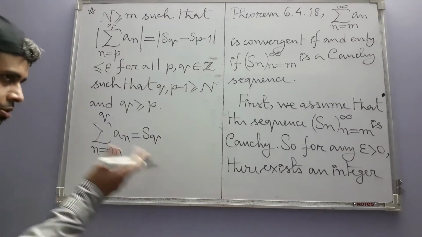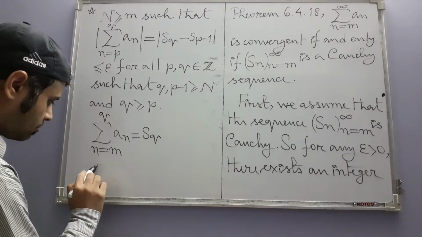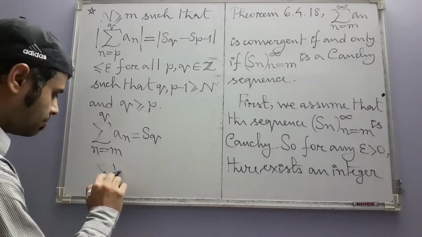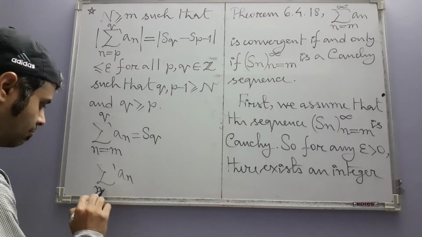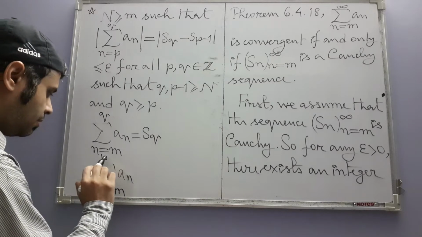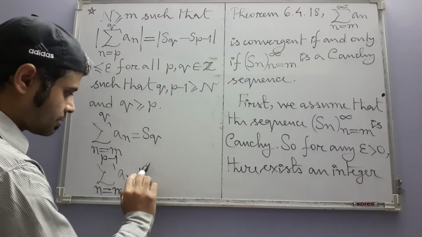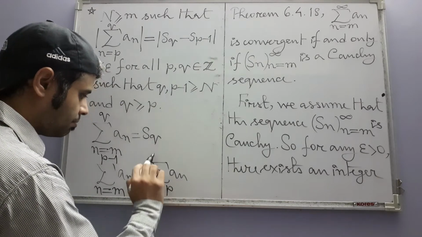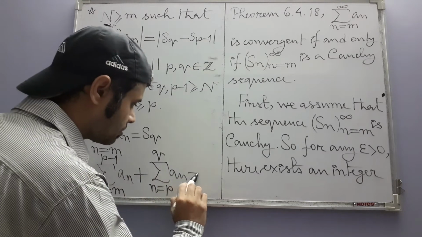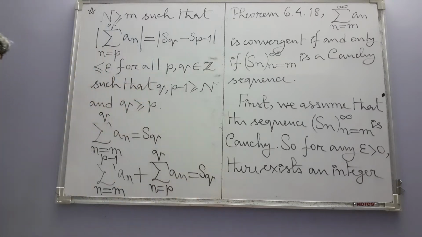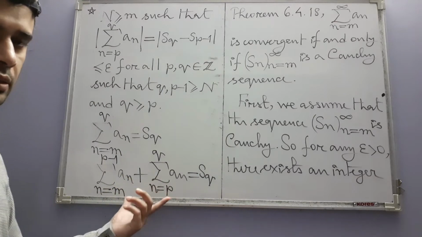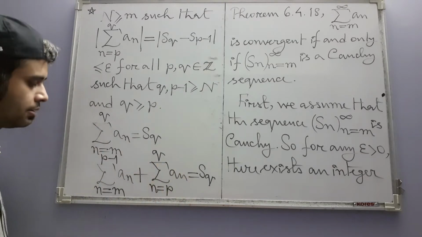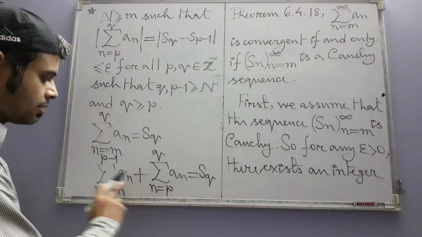But this thing can also be written like this, and this is where one of those rules of finite series comes into play: the sum with n varying from m to p minus 1, plus the summation of an, where n varies from p to q, is equal to Sq. We can write this finite series as a sum of two other finite series where the index n varies like this.